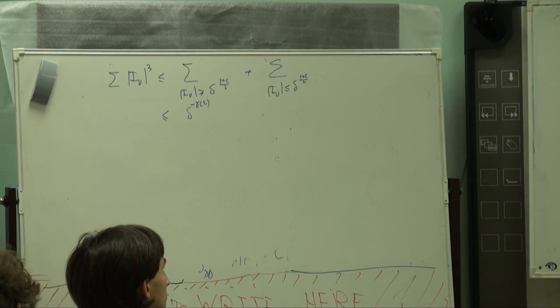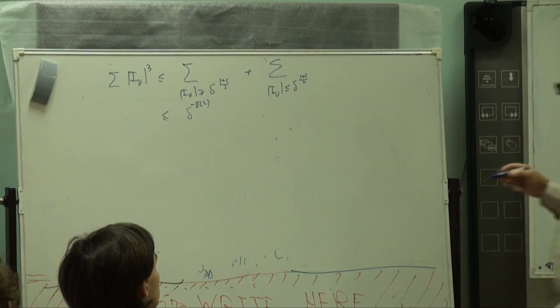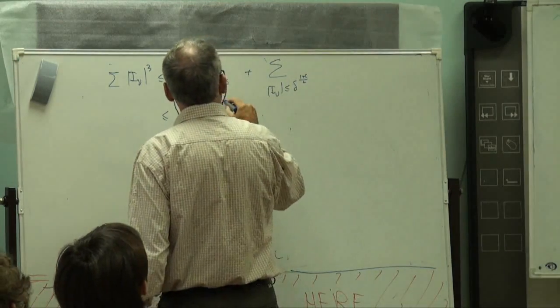For each I_ν, we just use Beurling's estimate. So we have δ to the power 3/2.